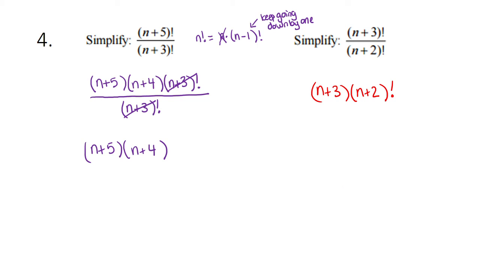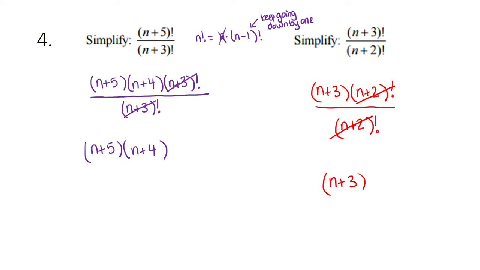There's no need because I have n plus 2 in the denominator. Once you have the same thing in the numerator and denominator, you can reduce them. So this answer is just n plus 3.